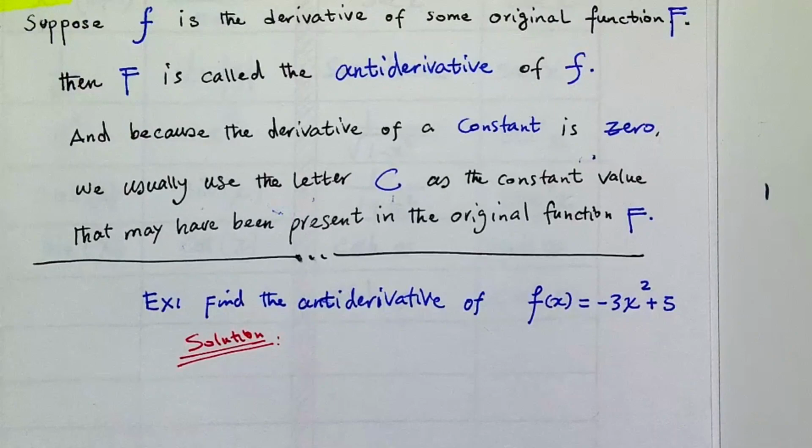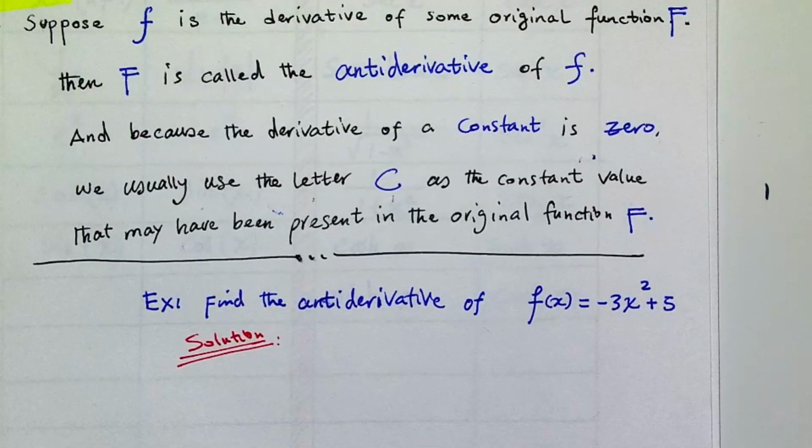For example, if you have y equals minus 3x or minus 3x plus 5, the derivative of both of those functions will just be minus 3. So if you're given just minus 3, then you don't know if there was a constant in the original function, and if there was, what was its value?